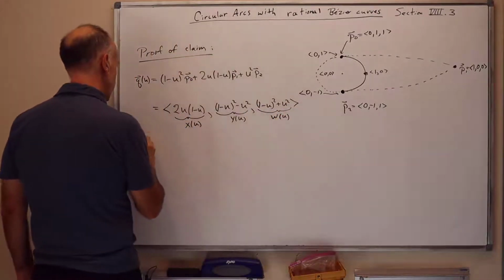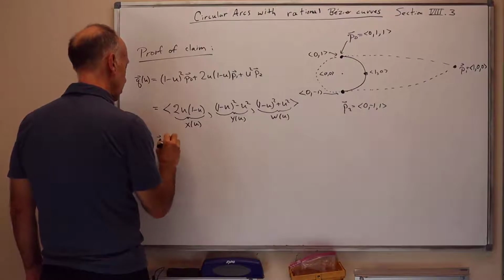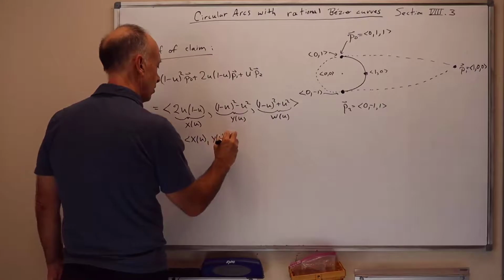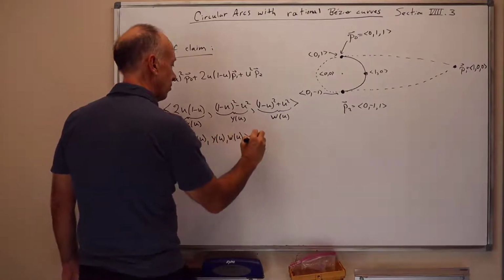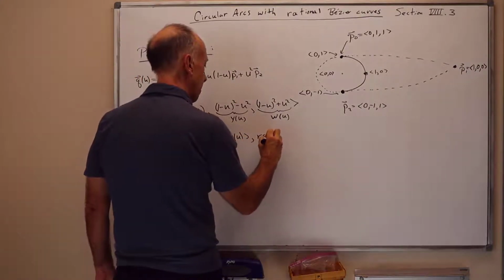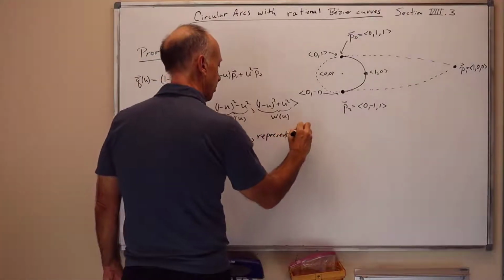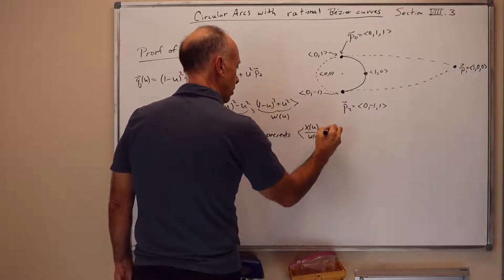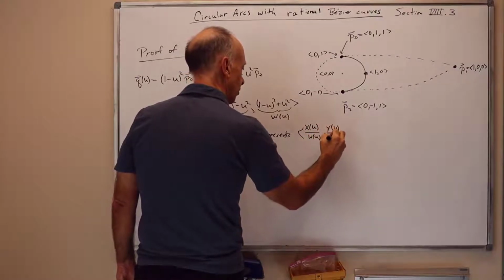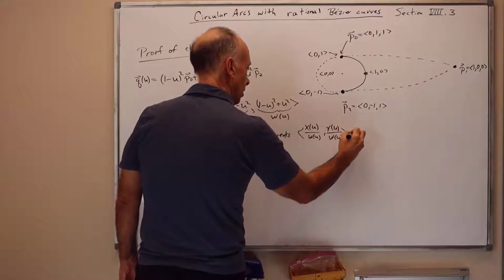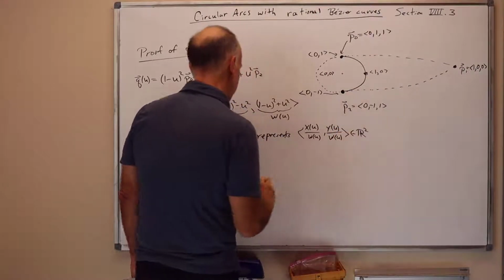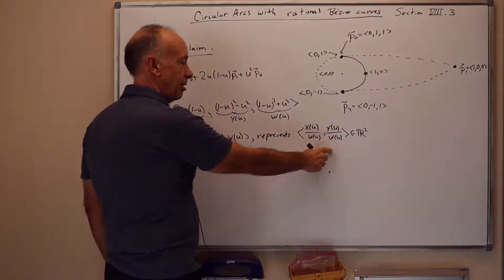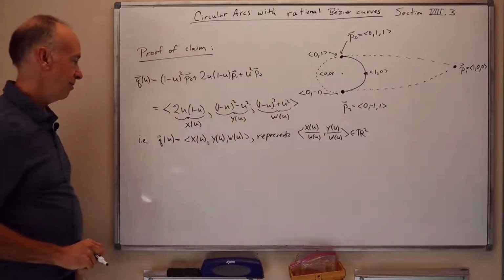So in other words, we have that q of u is the triple x of u, y of u, w of u, and of course this represents the point x of u over w of u, y of u over w of u in R2, because as a homogeneous representation with x, y, w components, we just divide by the w component to get the point represented in R2.